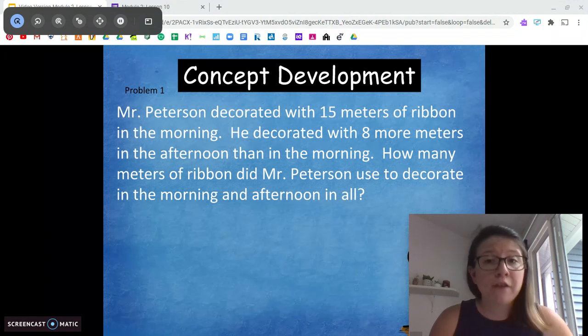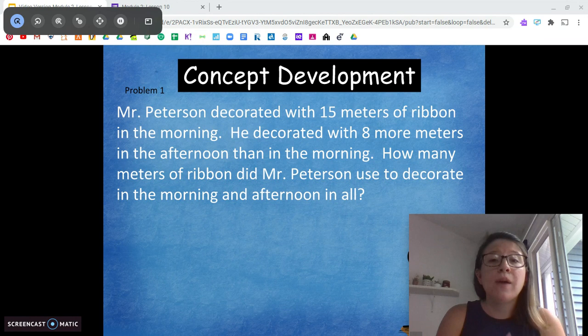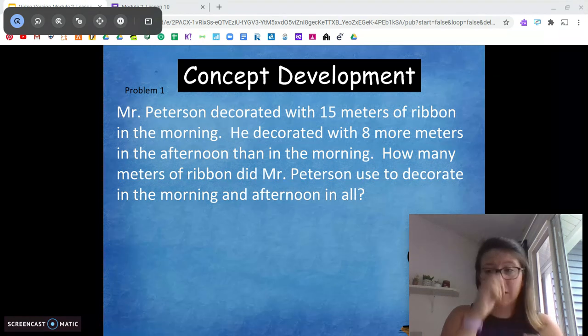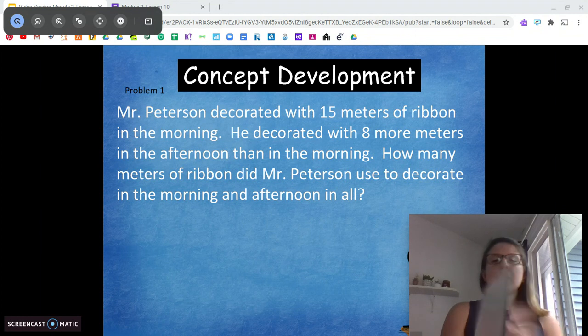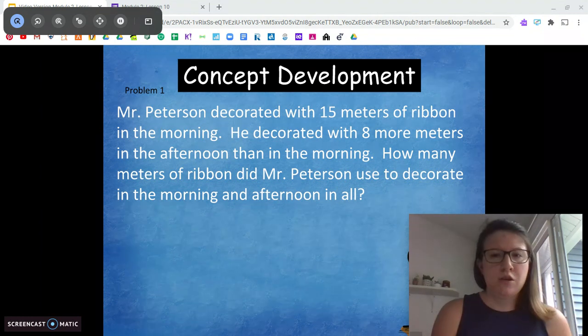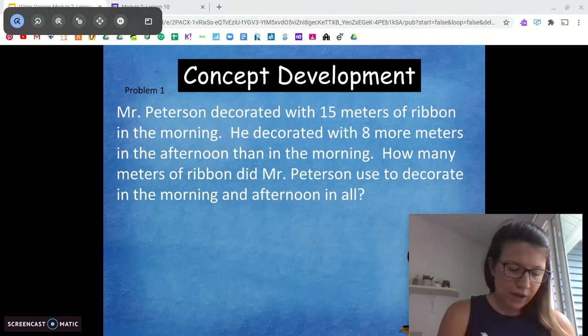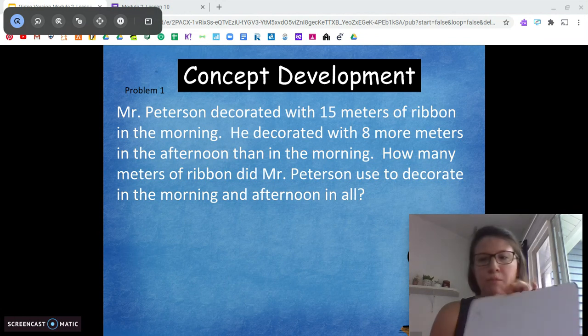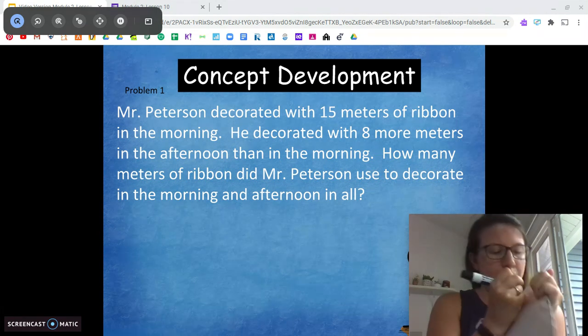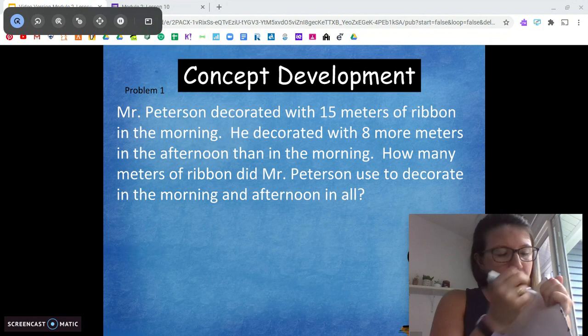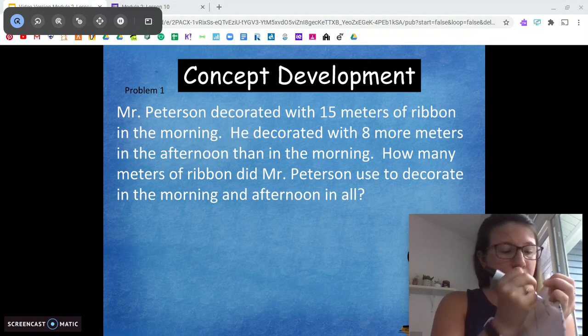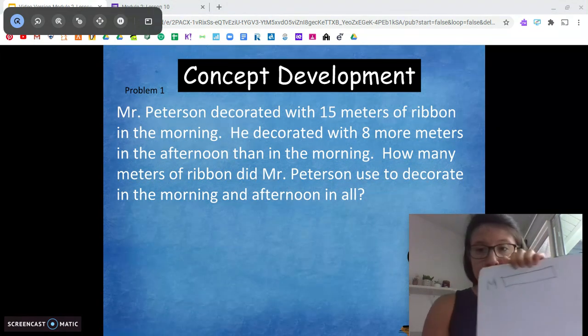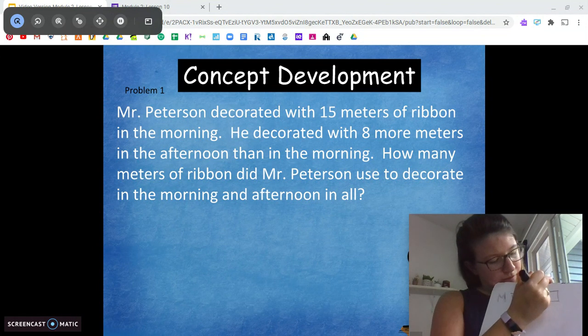Good. Our first step is going to be to figure out how many meters of ribbon he decorated with in the afternoon. To do that, let's draw a tape diagram. So we know he decorated with, I'm going to put an M for morning. He decorated with how many meters of ribbon in the morning? 15.